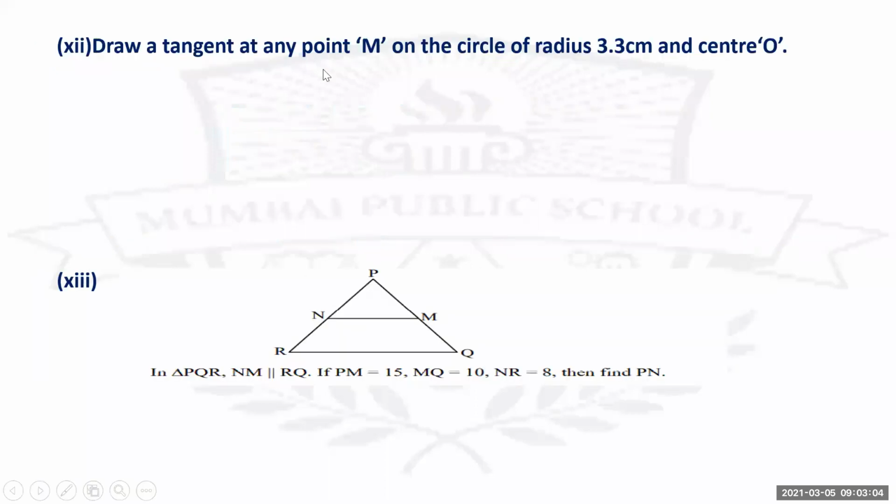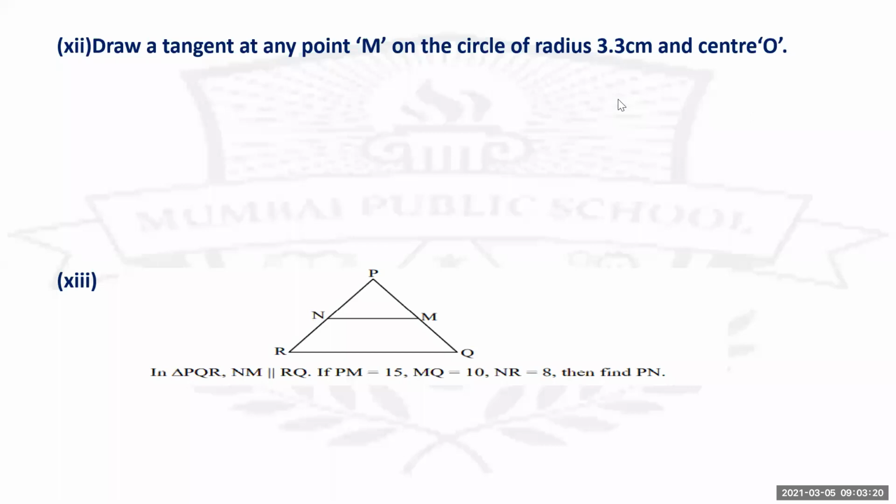The next question is: draw a tangent at point M on the circle of radius 3.3 centimeters and center O. So first you'll draw the circle of radius 3.3. Is this clear?